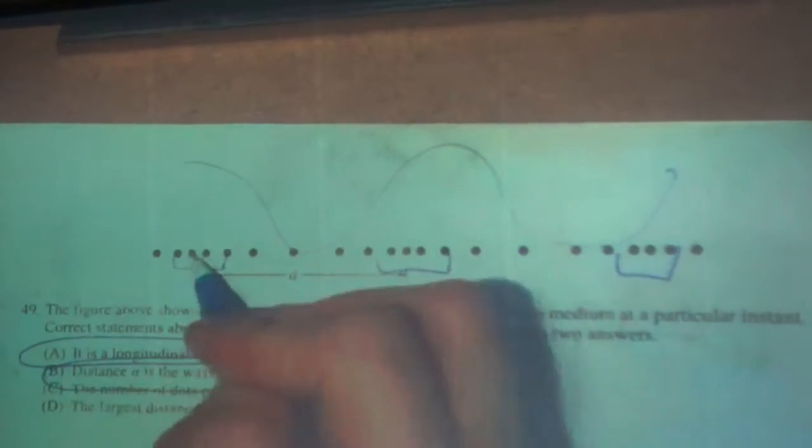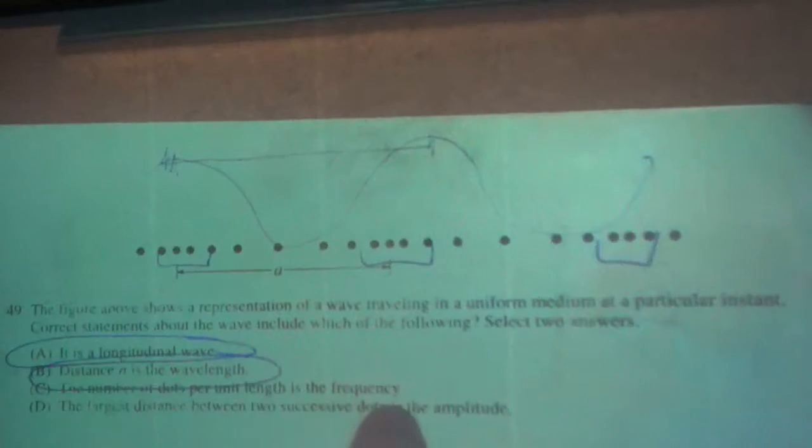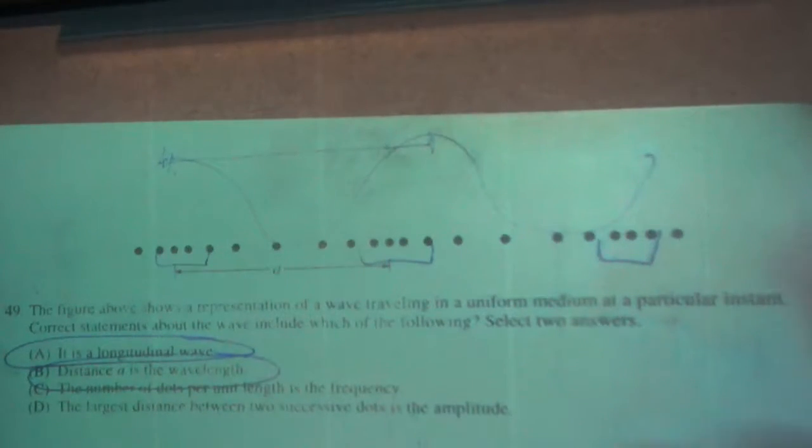A is the wavelength. That is true because that is the distance from one compression to another, just the same way from trough to trough or crest to crest would be a wavelength. The number of dots per unit length is the frequency. No, that's not anything.